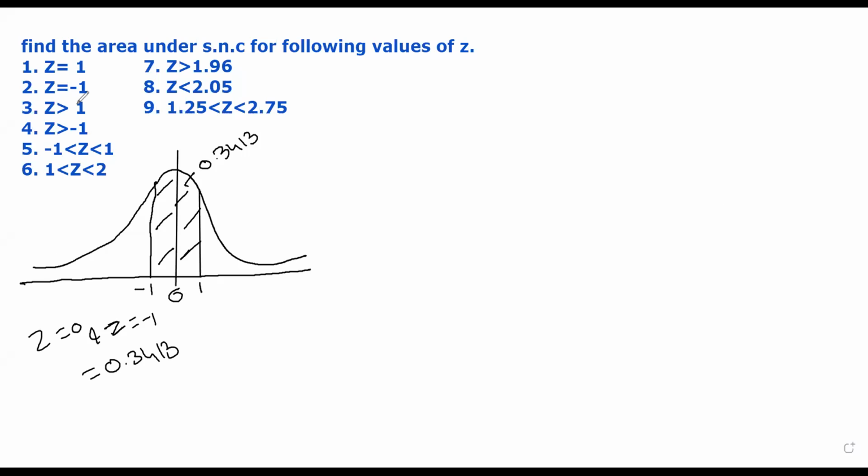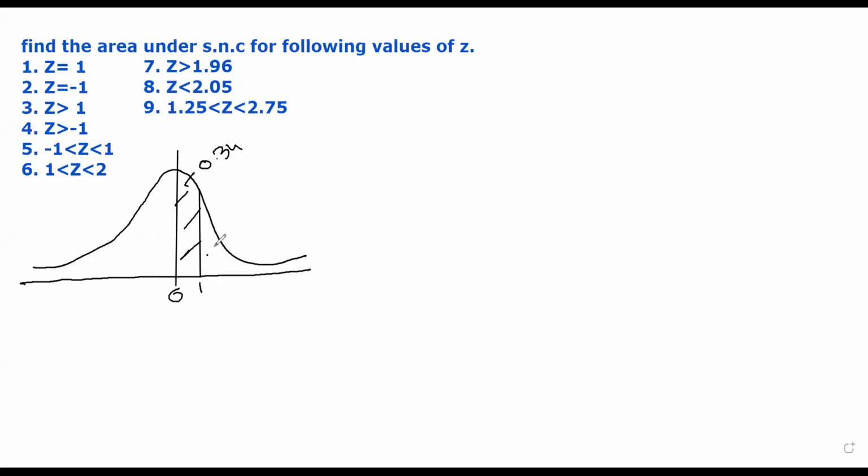The third sum is Z is greater than 1. This is what we are talking about. So I'll have a new curve. Now this is Z is equals to 1 and we want Z is greater than 1.